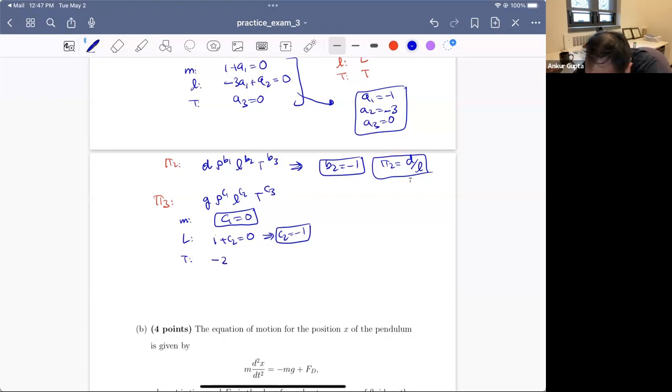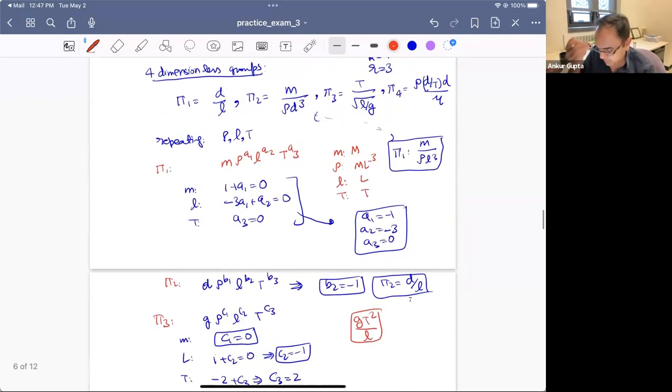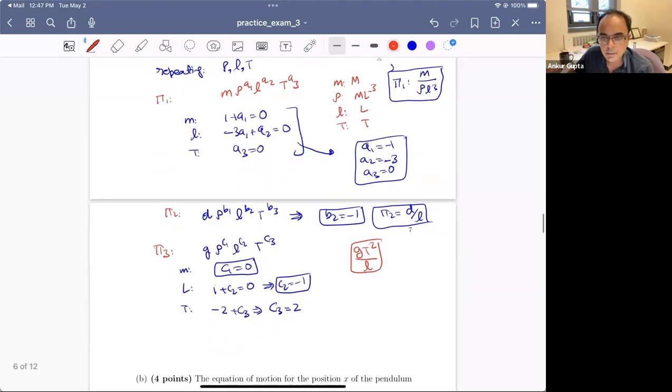So minus 2, then length does not have any time, then we do have time, which is plus C3. So this implies that C3 is equal to 2. So this gives you g T square by L, essentially. So this is your pi 3, which kind of looks like the square root of L by g, whatever idea I was saying. It is similar, you just square it, then you will get this one.